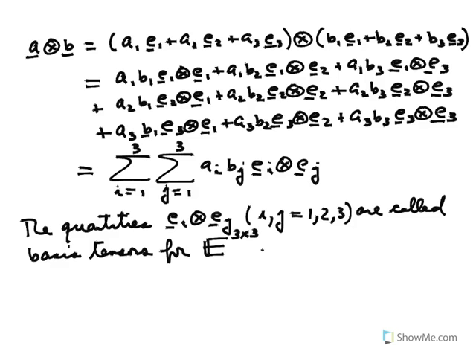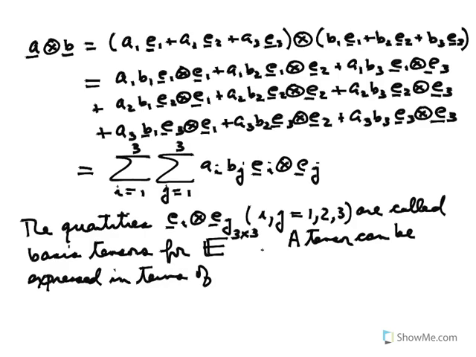So a tensor can be written in terms of basis tensors. So let's write that. A tensor can be expressed in terms of basis tensors, and there are 9 of them. So now we actually have a way of writing a general tensor.